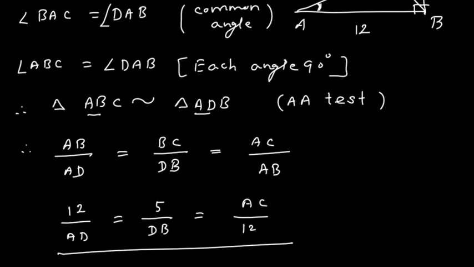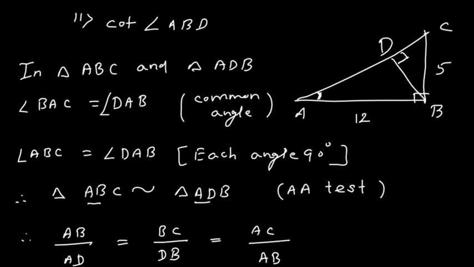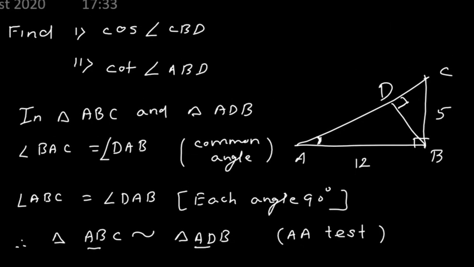So we have got something, but not too useful. I will consider this as equation 1. Now let us take some other triangles, triangle ABD and triangle BCD.